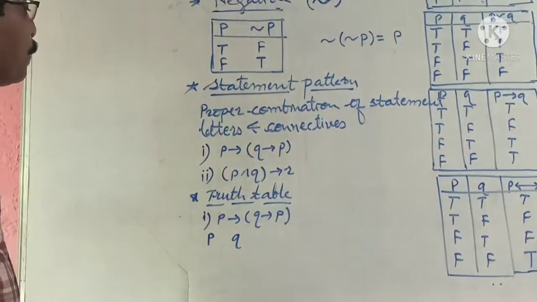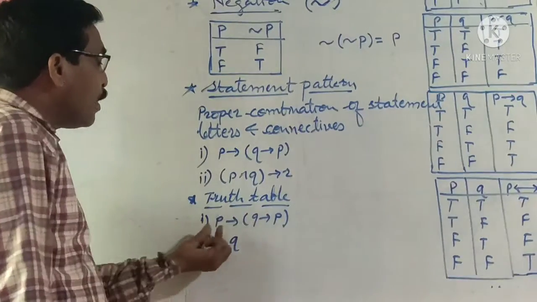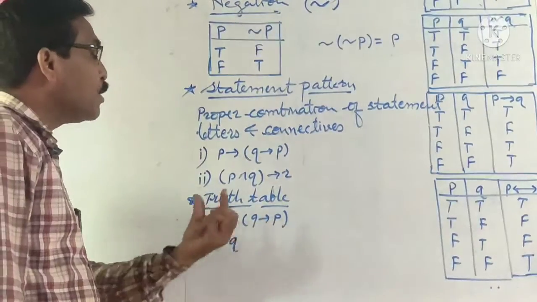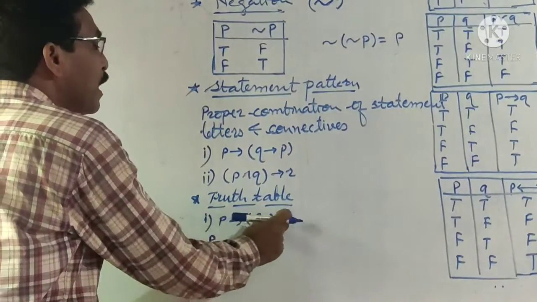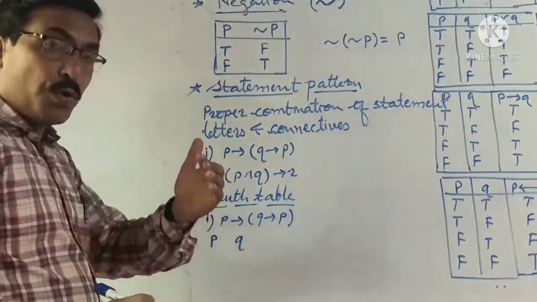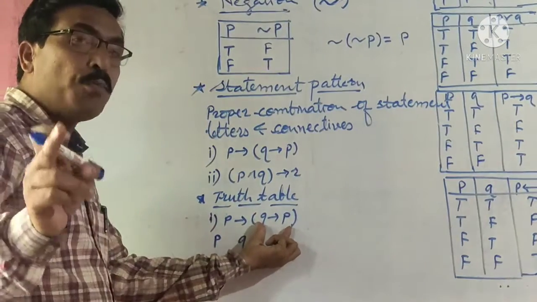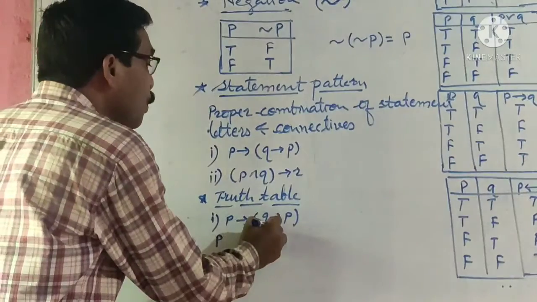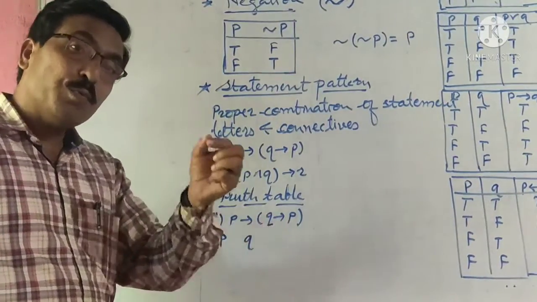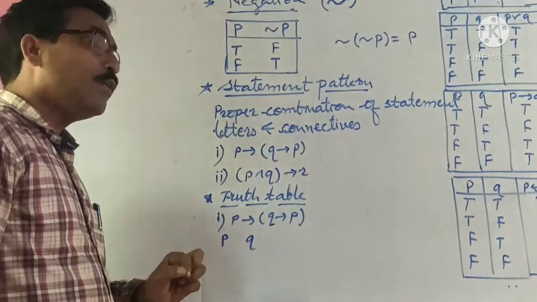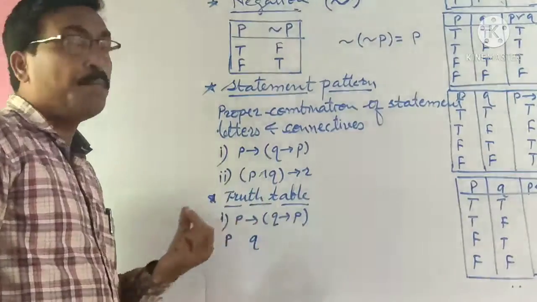Q here. Now in order to prepare this, we have here P implies (Q implies P). Means this P implies this bracket. So in order to prepare P implies this bracket, first our job is to prepare Q implies P. Now when we have to prepare Q implies P, what is in that? Q, P and their implication.